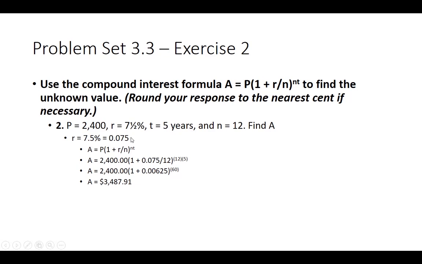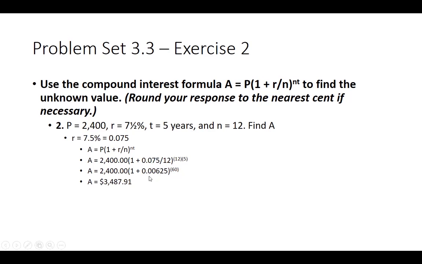Plug in the values that we have. So 2400 for P, 0.075 for R, 12 for N in both places, and 5 for T. Our first step, multiply the exponents together. 12 times 5 gives us 60. Then we have to divide 0.075 by 12.